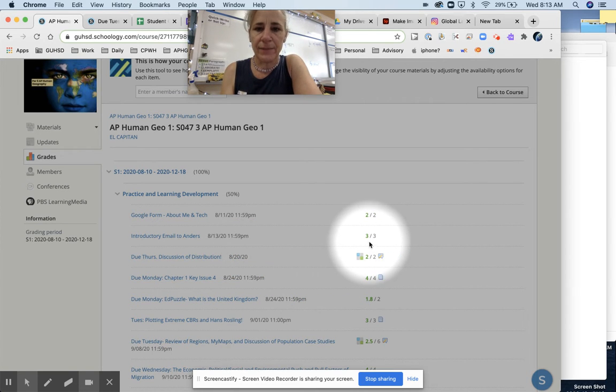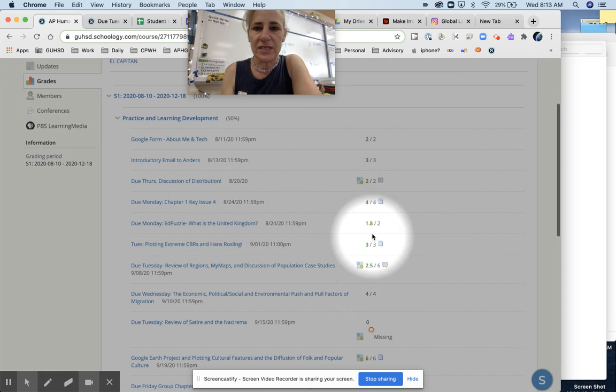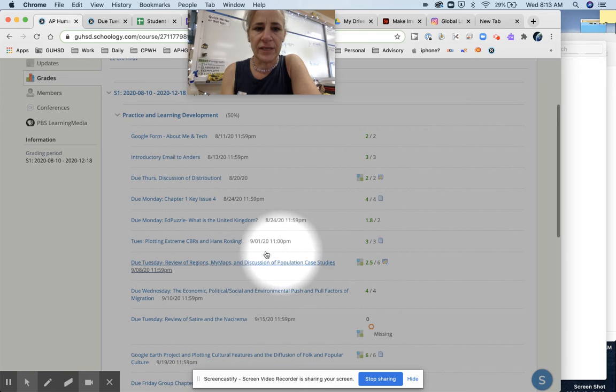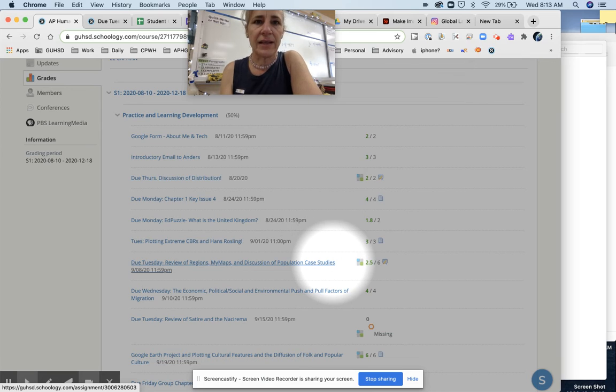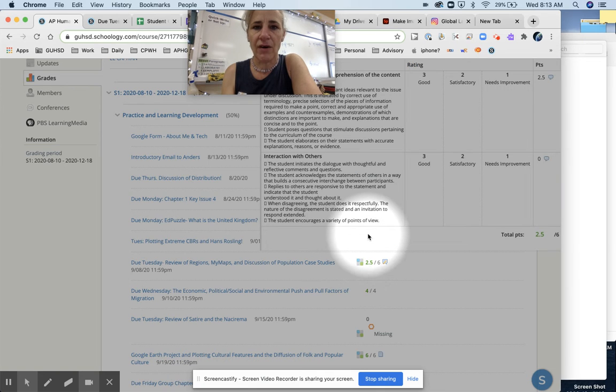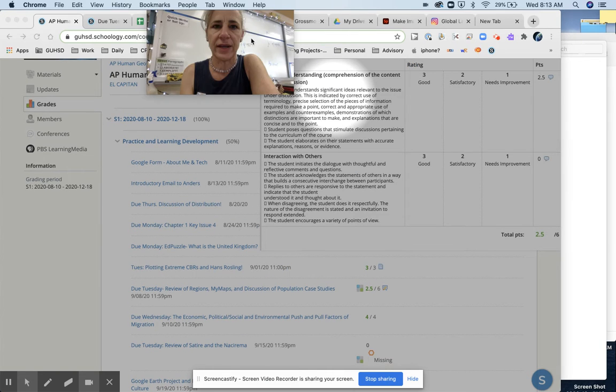But then there are some things that she did better on than others. And again, you can see the rubric. This is one that is quite low. This was a discussion that we had in class after we had done the reading. And if you click on the rubric itself, you will see that there were two categories.